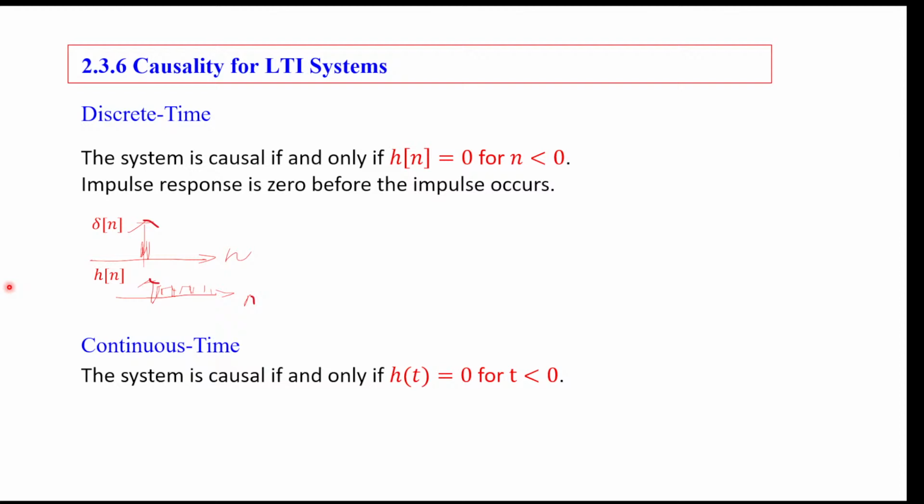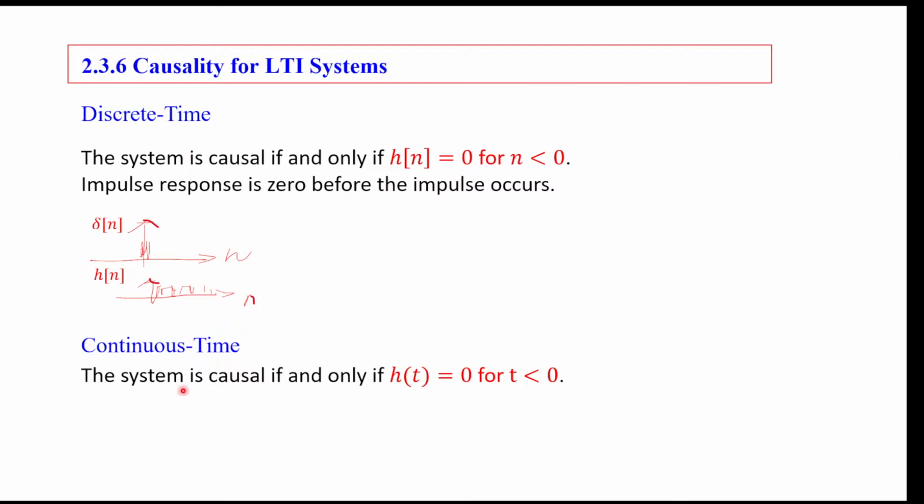I guess that's the "only if" part, and the "if" direction is also not too hard. You can just convolve something with this, and you see that the response should never depend on something in the future. You just need to think about the convolution a bit more carefully.